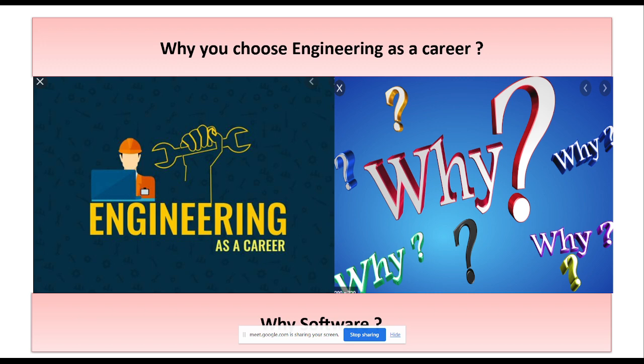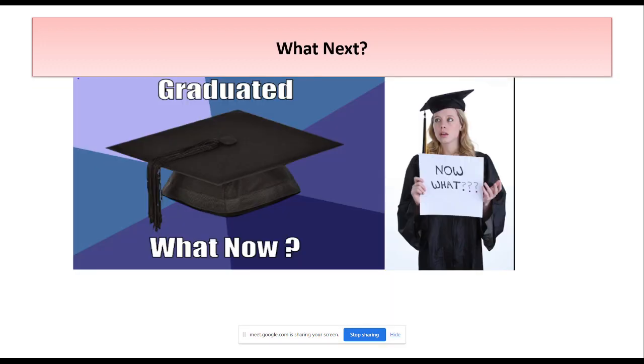Do you know why you chose engineering, or MCA, BCA, BCS? There will be some reason, right? After completing your graduation or M.Tech, MCA, whatever, what do you want to do?